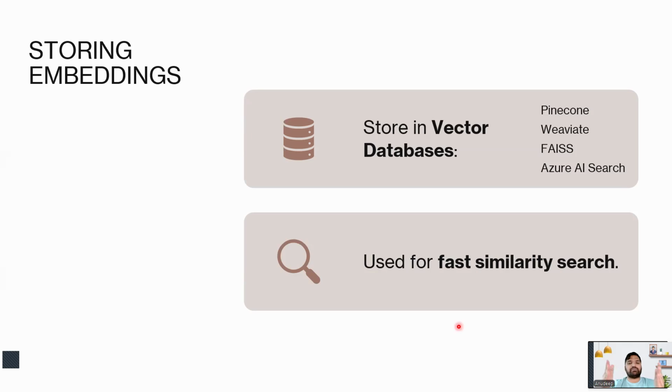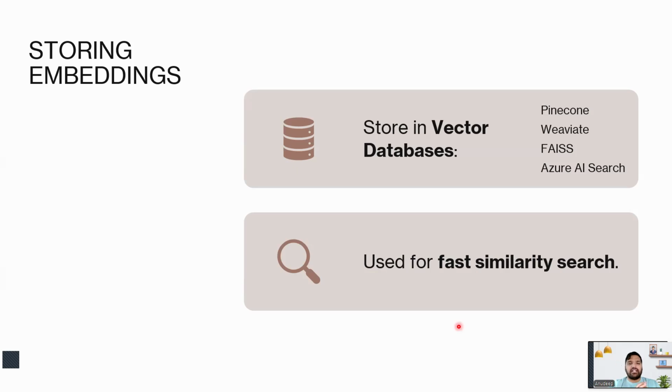A vector database is specifically for storing these vectors and allowing us to do semantic search. These are used for fast similarity search. So in our previous example, when I asked about king, it immediately went into that area where man, woman, king, queen were discussed, versus cat and animals, etc.